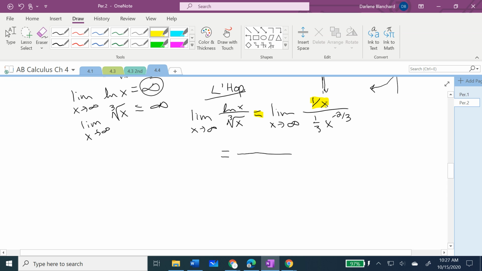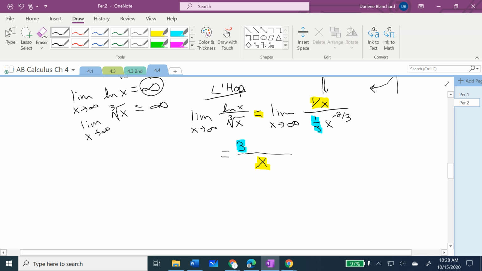So this 1 over x can reciprocate to the denominator and be just plain old x. In the denominator, I have the fraction 1/3. That fraction can reciprocate up to the numerator and be 3.